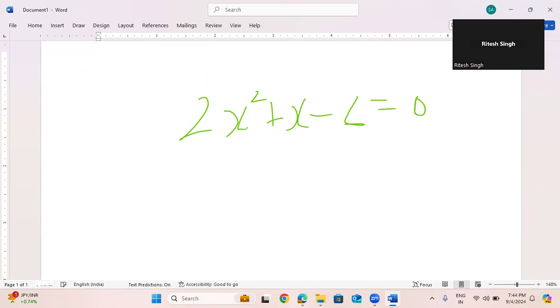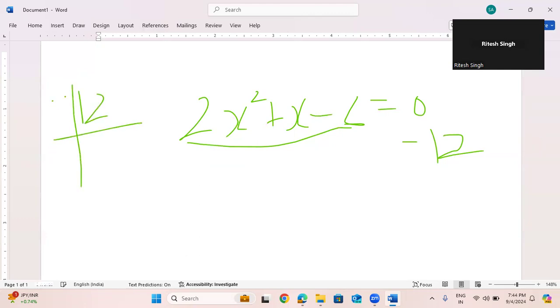This was the question. We multiplied first and last. What did we get? Minus 12. So how do we know what factors we have to take? For that, you will have to take the factors of this term. Take the factors of 12. How will we take the factors of 12? It will be 2, 6, 2, 3.